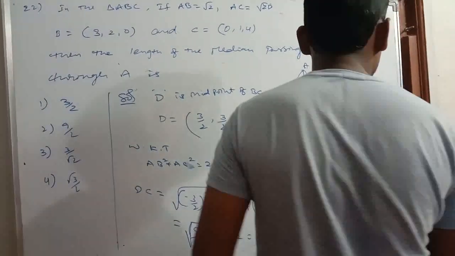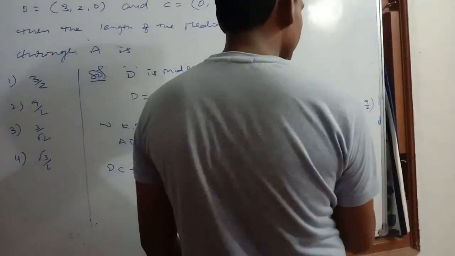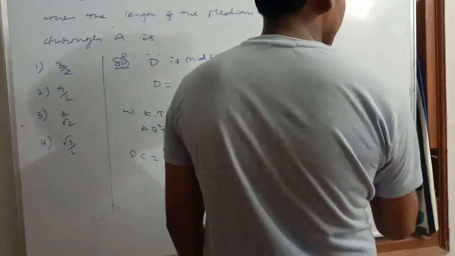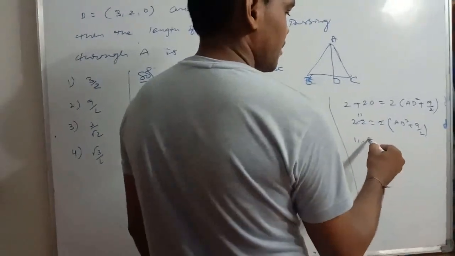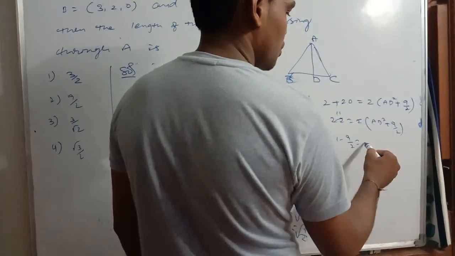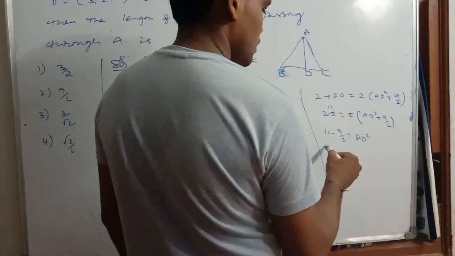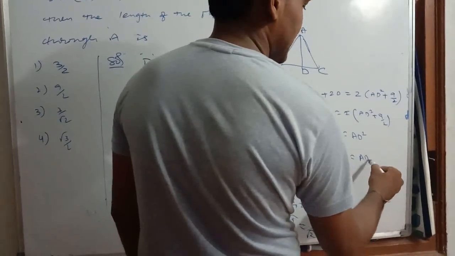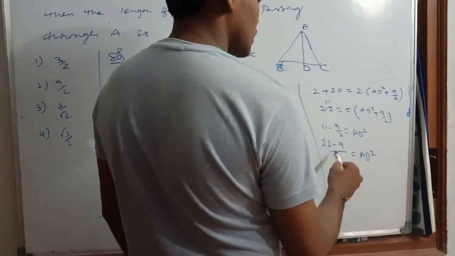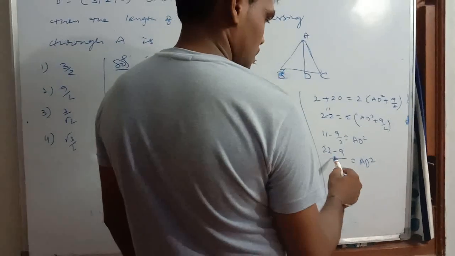Okay. Now here 22 is equal to 2 into AD square plus 9 by 2, so 11 minus 9 by 2 is equal to AD square. Now 22 minus 9 by 2 is equal to AD square.